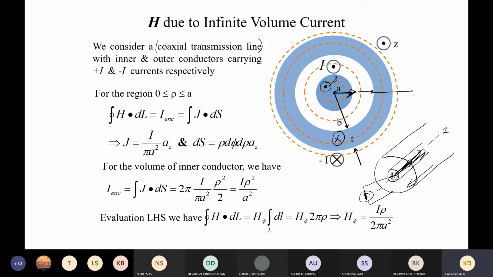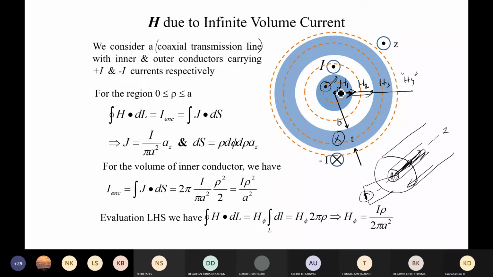We can say that four possible magnetic fields will be there: one is inside this conductor, then outside the conductor, let me say this is one, this is two, then this is H3, then H4. And this H4 is completely independent of this interior structure, because this interior structure cannot give any current to this, because this current will be blocked here. This magnetic field will be blocked up to that.